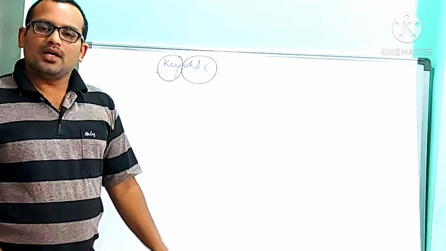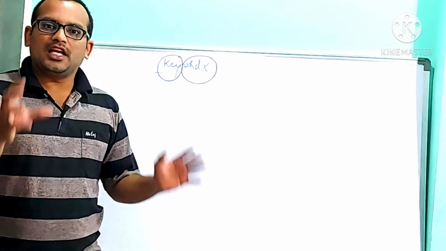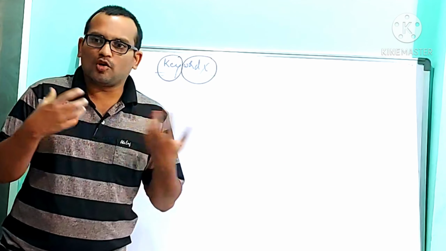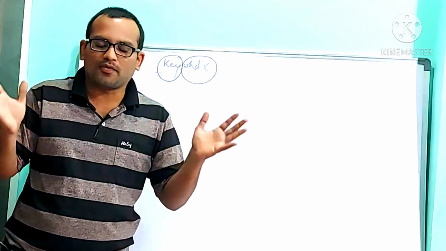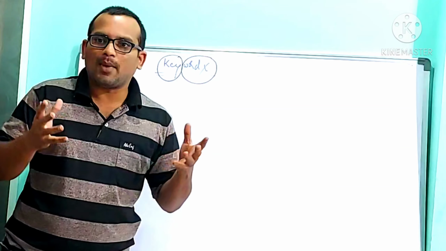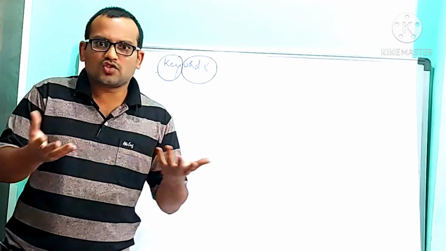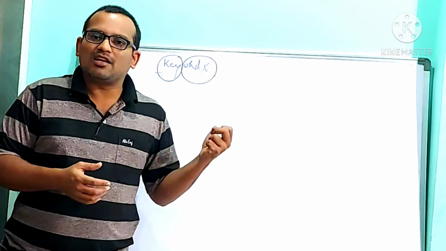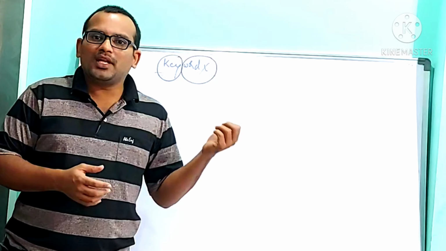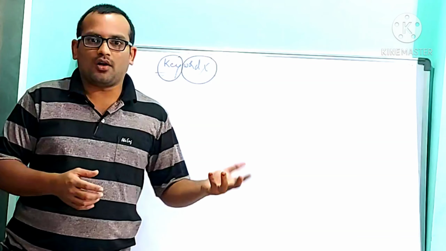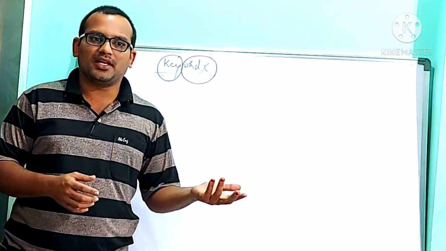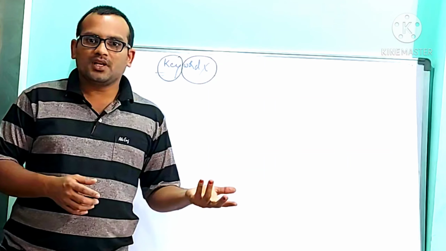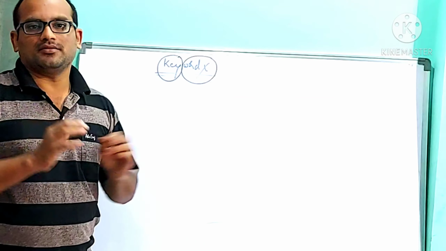Again, one more definition. Keyword is a word, and a word means a group of characters. Rama, a group of characters, is called a word. But a keyword is a word whose meaning is already predefined and cannot be changed.